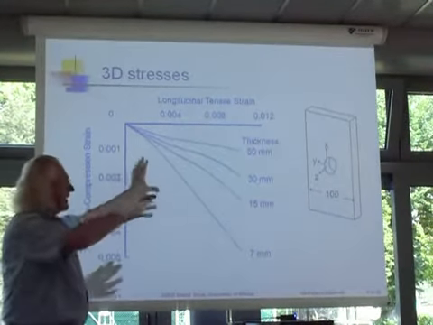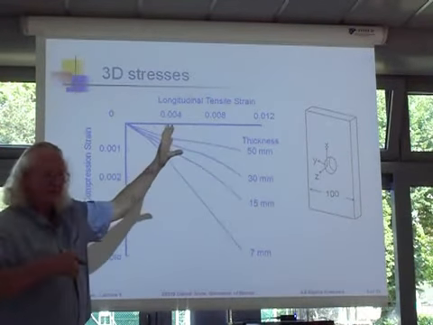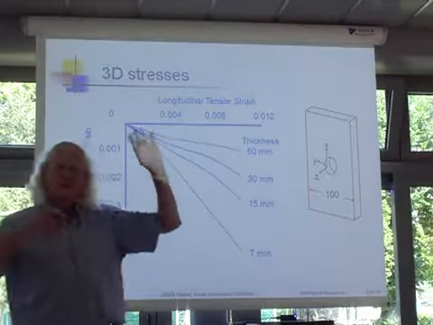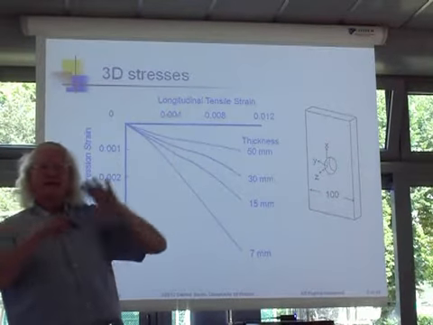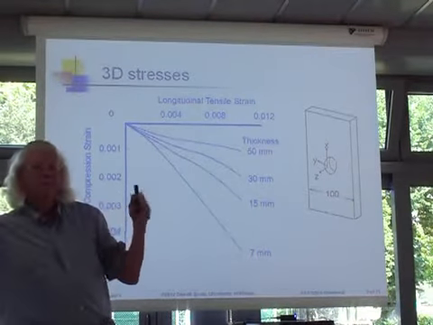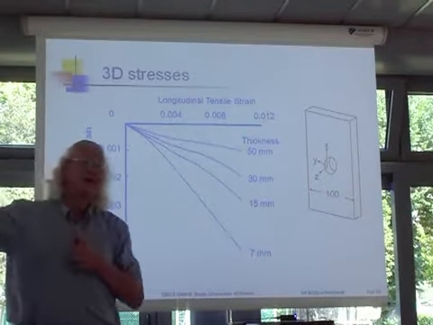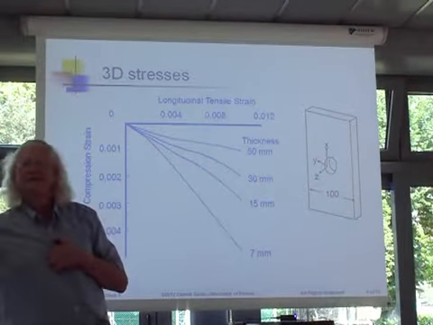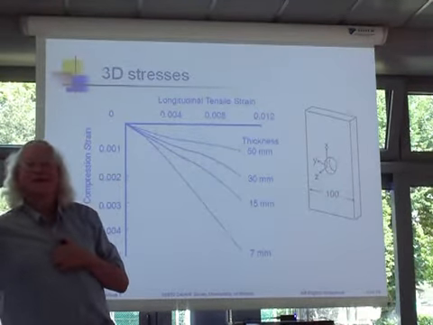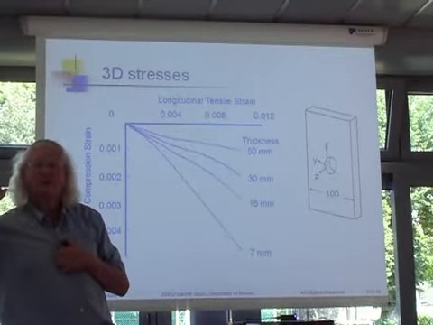Everything the same, same nominal stress. Does a thick plate have the same fatigue life as a thin plate? How many think the same? No one. How many think longer? No one. A few. How many think shorter?